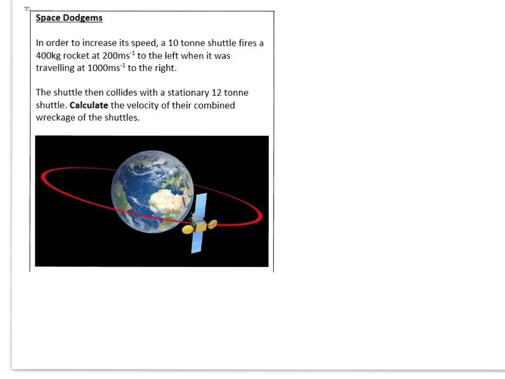So we've got a 10-ton shuttle that fires a 400-kilogram rocket at 200 meters per second to the left when it was traveling at 1,000 meters per second to the right, and then that's going to collide with something. So let's solve the first stage first of all. Initially, we're going to have a rocket plus a shuttle, so 10.4 tons, and it tells you it's going at 1,000.